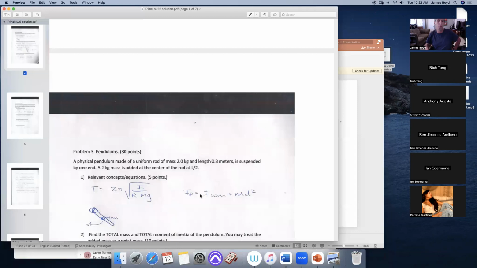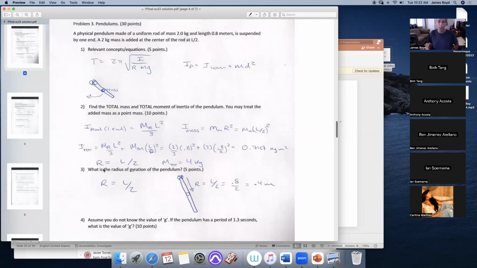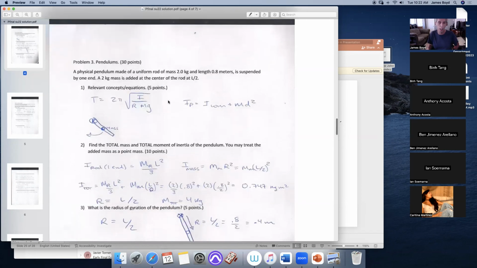Okay, so the first thing I had them find was the moment of inertia of the rod, ML squared over 3. Moment of inertia of the point mass, MR squared, where R is L over 2. Then I had to find the radius of gyration, the axis to the center of mass of the whole system, which is L over 2. I guess I didn't really tell them. I said it's added at the center.